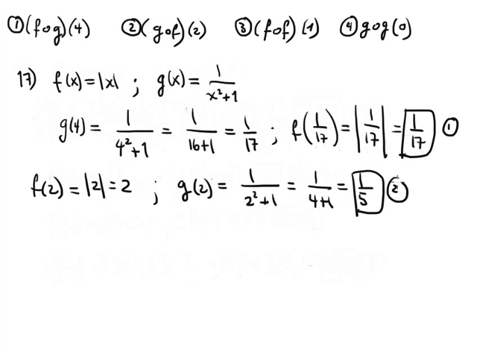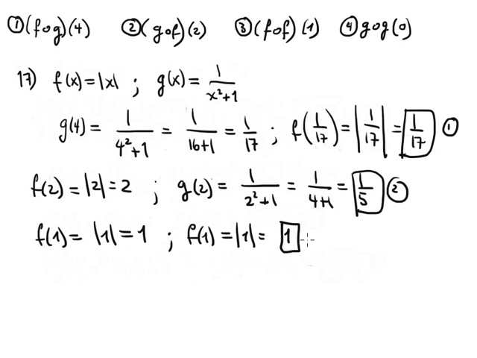That's number 2. And number 3 is f evaluated at 1. Absolute value of 1 is 1. And again, f evaluated at 1, absolute value of 1 is 1. The answer is 1 for question 3.